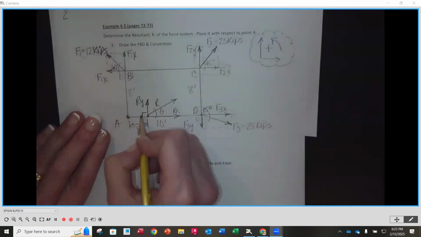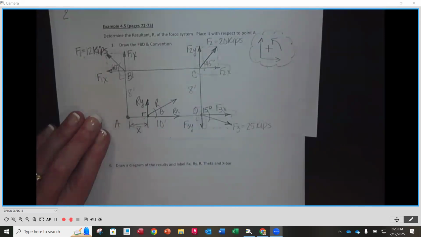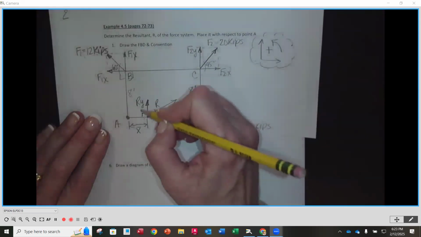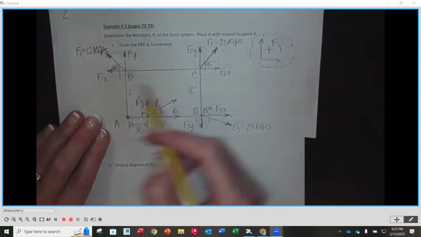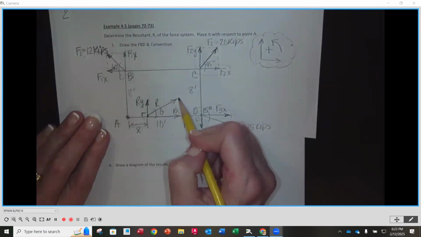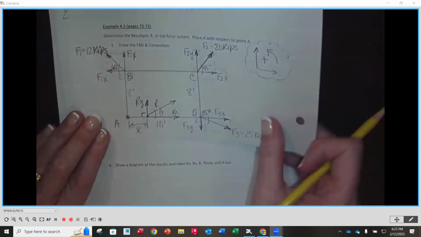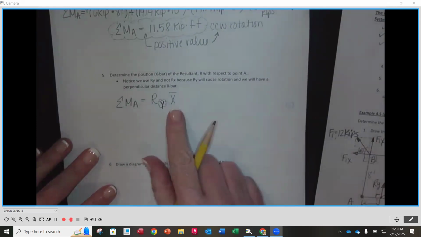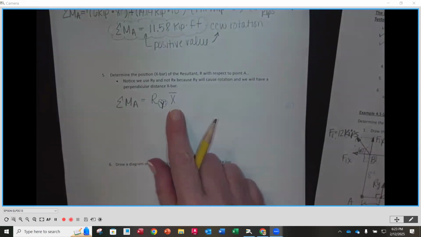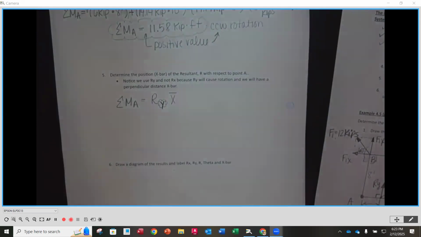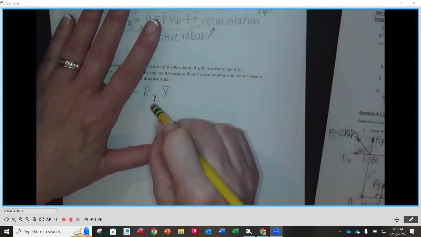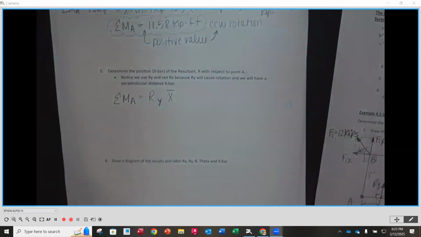So look at that. That's our perpendicular distance. So we are going to take X bar times the Y component, not R. We are not going to use that full value. We are going to use the Y component of R. So this is going to be RY. And then the distance is a horizontal distance, and that's why we call it X bar. Okay? So I'm going to get rid of my little cloud here. All right, and it's going to be RY.